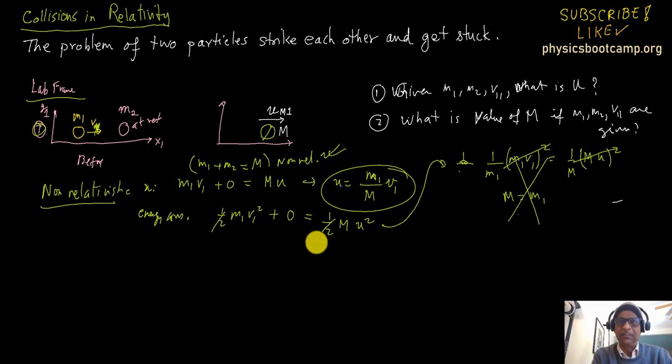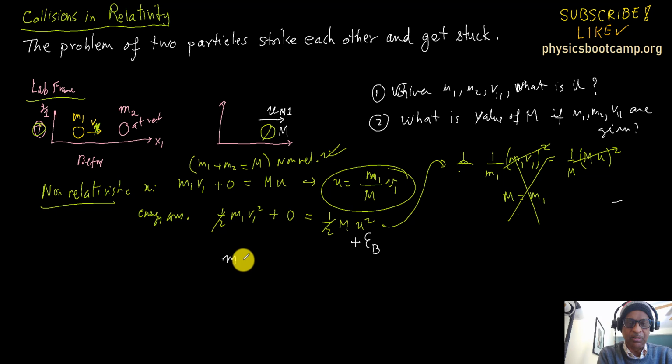So there's something missing here, and what's missing here is binding energy. Whatever is missing is binding energy. So M is actually M1 plus M2.